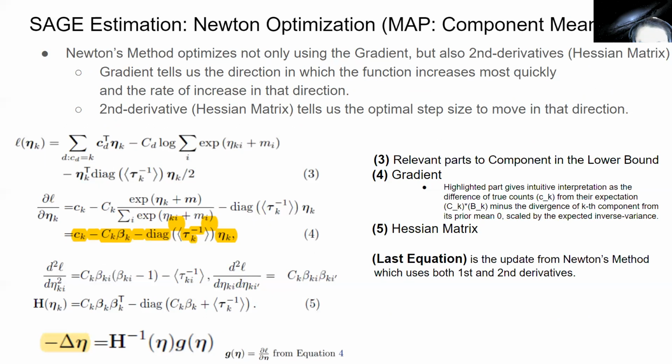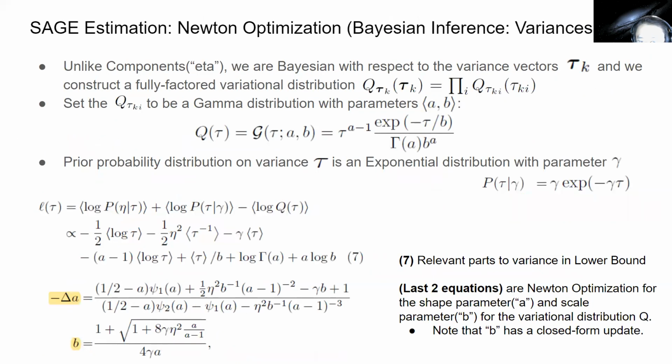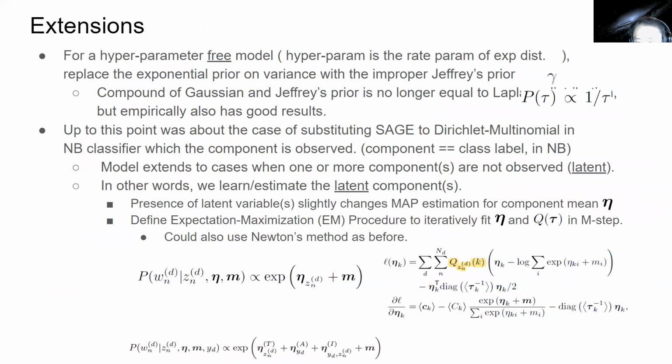But since the component is latent and unobservable, we cannot use the true count, so we have to estimate it. We are going to use the expectation of the true count, based on the variational distribution here.